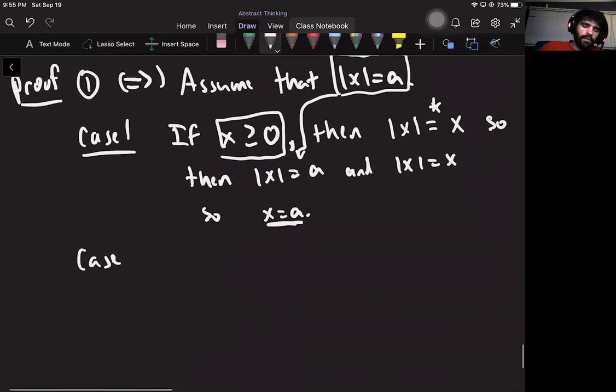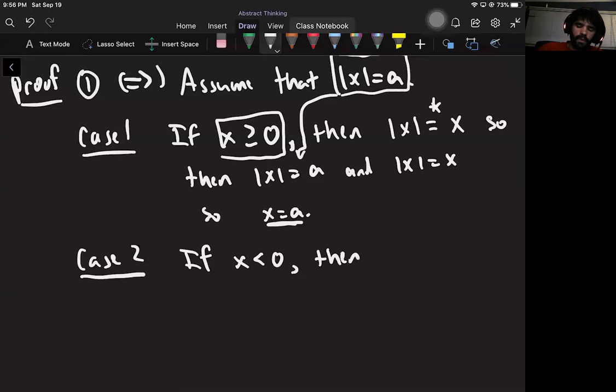So case 2, to cover all the real numbers, is to check what happens when x is less than 0. Then the absolute value of x is defined to be negative x. So now I know that the absolute value of x equals a, just like before. I'm still assuming that up here.